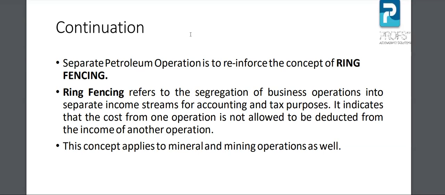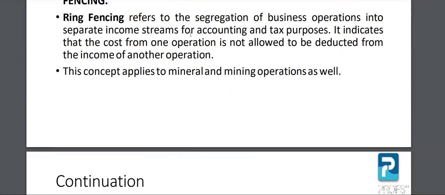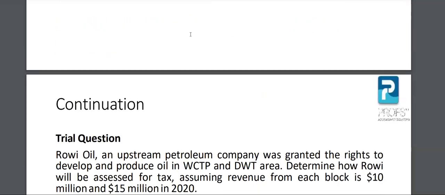Whatever pertains to this operation, that is what we use. You cannot offset, especially if an operator has access to several blocks, operating under several licenses. One block could be making a loss and the other block a profit. You don't offset them. You match what is due to them in accordance with their proportionate sharing interest in that particular block.